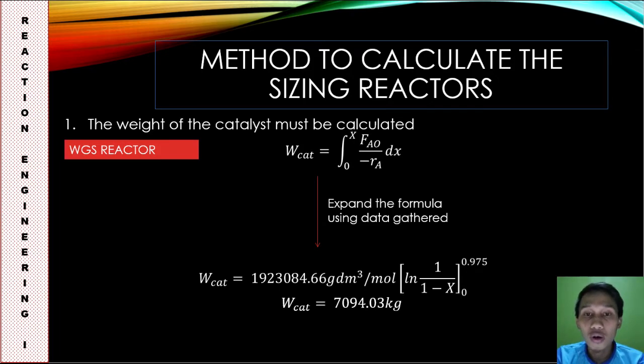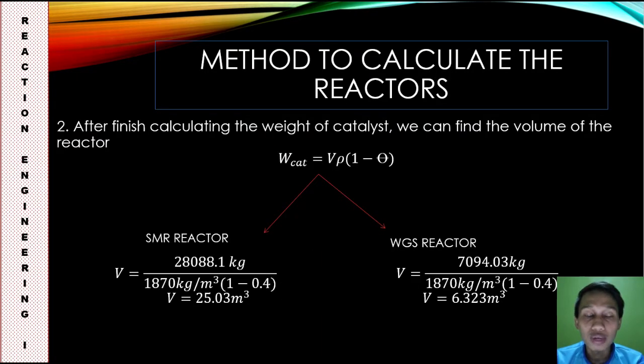After we get the weight of catalyst, we can calculate the volume of the reactor, which is the sizing of the reactor. For the volume, we will use the formula W equal to V rho times 1 minus theta, where theta is the porosity of the bed. We can get the value of theta from an article. The value that we get from the article for theta is 0.4, and the density of the catalyst from the article is 1870.